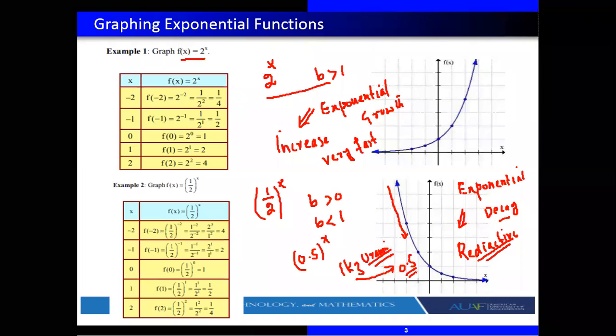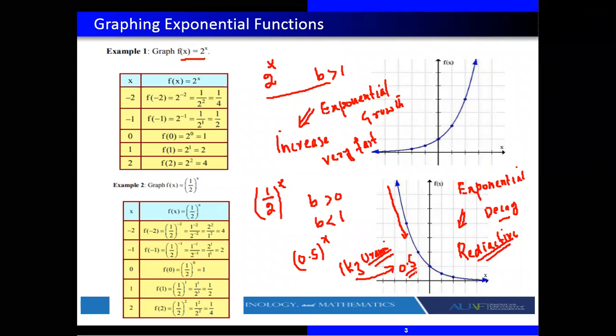Why? Because it is emitting radiation, and when it emits radiation, the mass is decreasing. The duration in which an element remains half of its original amount is called the half-life of that element. It takes 100 years, or 50, 60, 70 years.